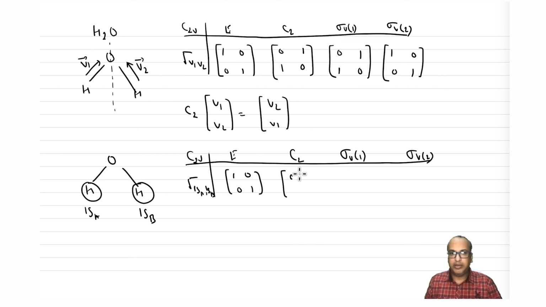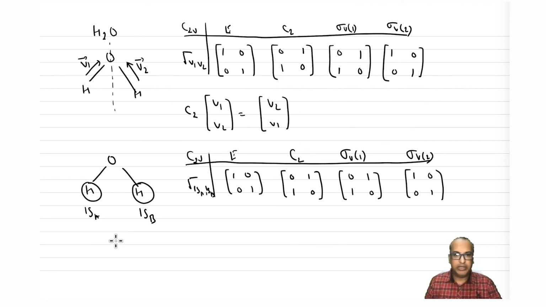So again, the s orbitals will be replaced with each other in the C2 operation, so we have 0 1 1 0. Sigma V1 will also reflect 1sA with 1sB, so we have 0 1 1 0, and for sigma V2 we have 1 0 0 1.